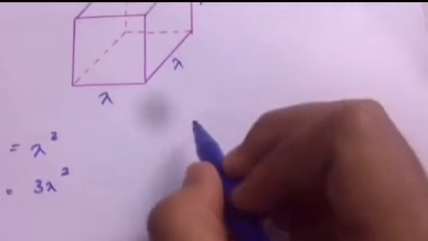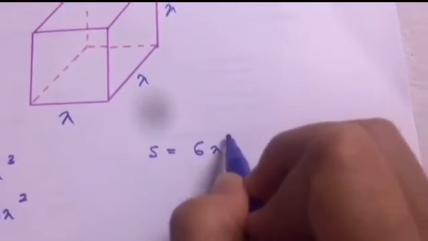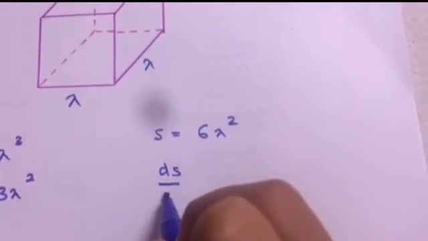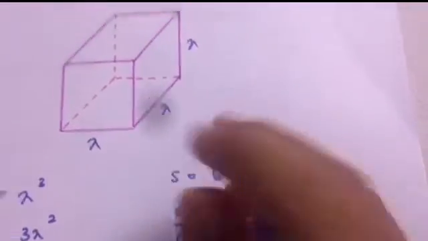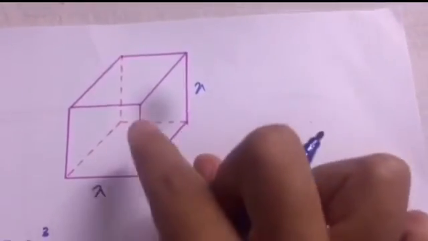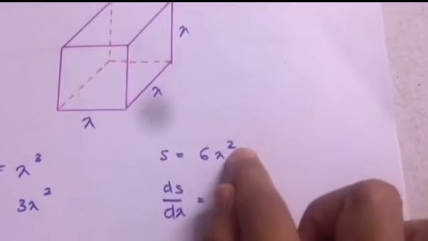The surface area is 6x squared, and the differential equation would be ds over dx equal to 12x, because the cube has 6 faces, and x multiplied by x gives x squared, so 6 faces would be 6x squared.